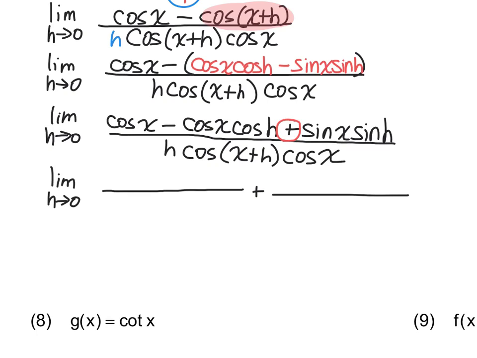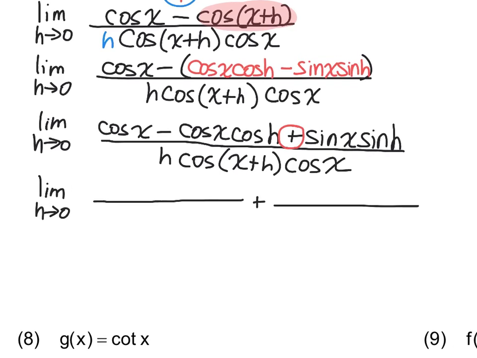So I'm going to break up the fraction by the plus sign in the numerator. I'm making that choice because I see that I have a common cosine x here. That tells me that these two should probably be grouped together because then I could factor out that cosine of x. All right? So that's what I'm going to do.